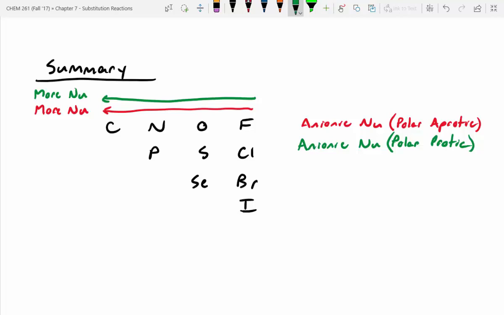All right, anionic nucleophiles, do they get more nucleophilic in protic solvents? Or sorry, let's back up. I need to be clear about this. Let's do the red one first. So an anionic nucleophile in a polar aprotic solvent, does it get more nucleophilic as you go down a column or up a column? What do you guys think?